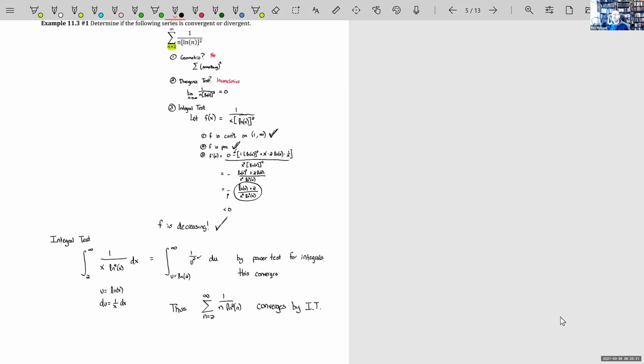The vast majority of series that you're going to deal with, you will have a test that you can use. However, there are some very obscure series that you will not be able to find a test that works for, that will showcase any type of convergence or divergence. So just know that there are some unsolvable problems. This is how it is. That's a good question.